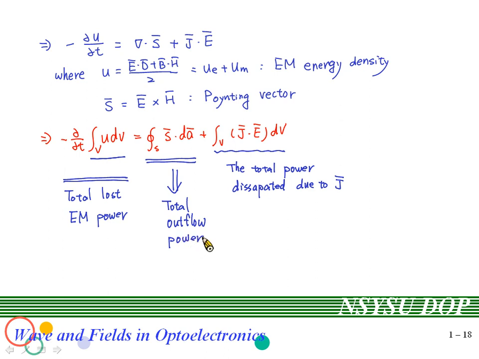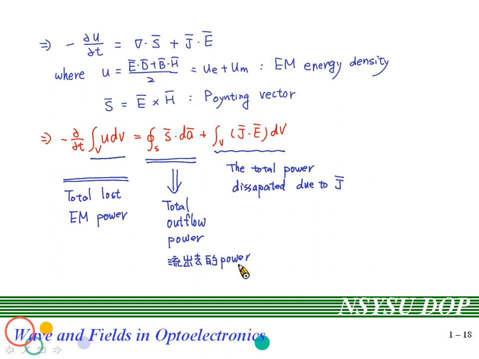This means that the total power lost in this volume has two reasons. One is the power dissipated by J inside the volume itself, and the other is the power leaked out from this volume. So this surface integral will give you the total power leaking out.